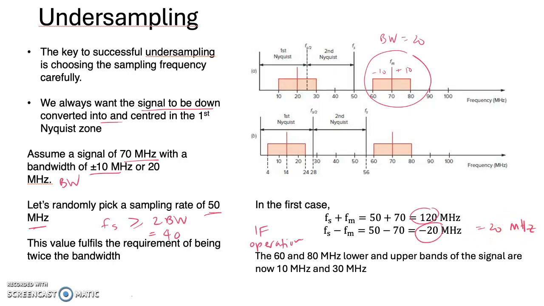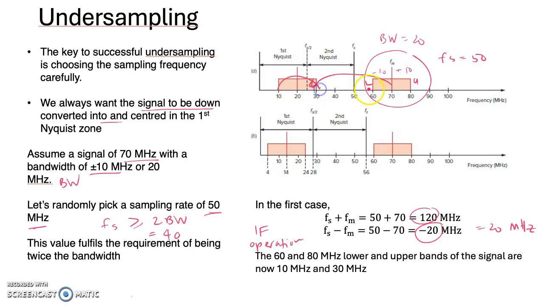Okay, so our signal that started from 70, if we sample it at a rate of 50, what we would get is a signal that is down converted to 20, and our upper sideband and our lower sideband are also down converted. 80 minus 50 is 30, 60 minus 50 is 10.